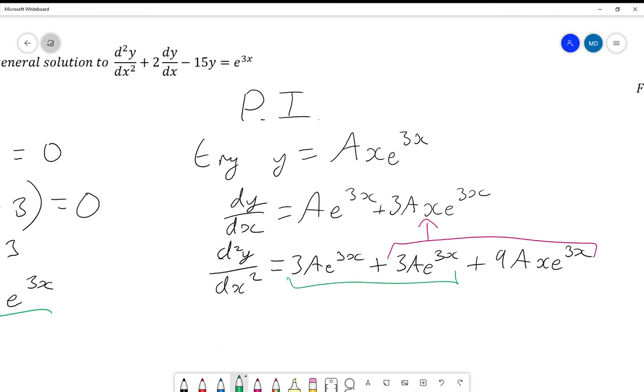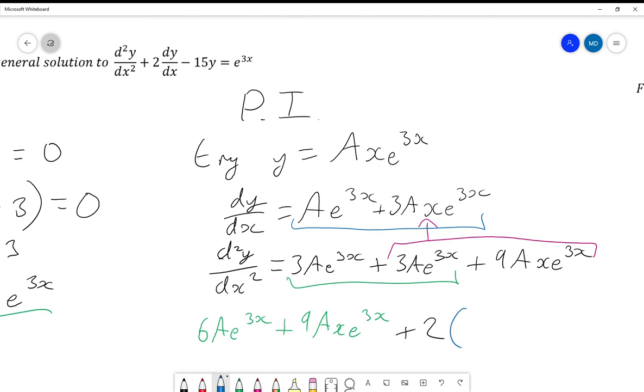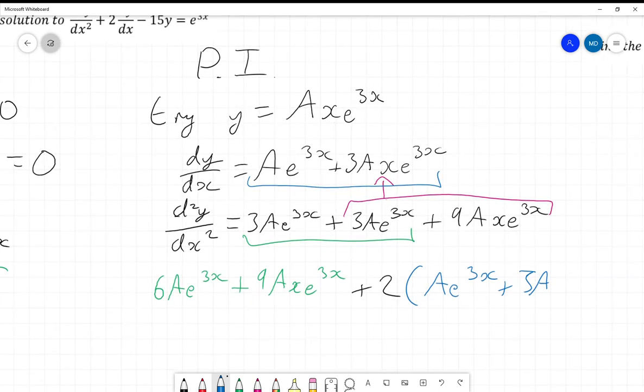So our d2y by dx squared term is going to be 6a e to the 3x plus 9a x e to the 3x. Then our dy by dx term is going to give us plus 2 lots of a e to the 3x plus 3a x e to the 3x.